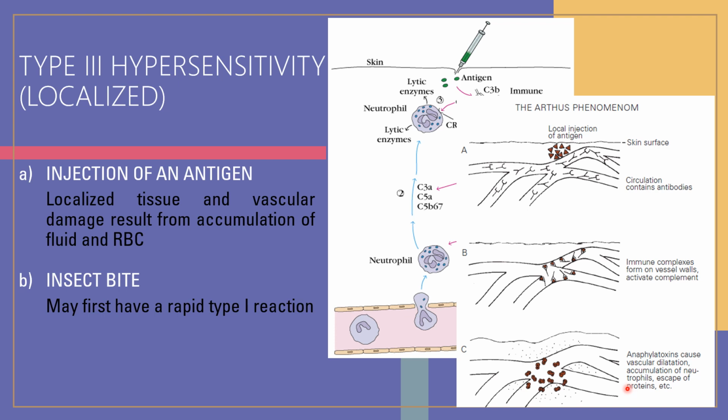So this is a local type of type 3 hypersensitivity, which can cause local inflammation or platelet accumulation, or also blood vessel occlusion, which will eventually lead to necrosis of that site.